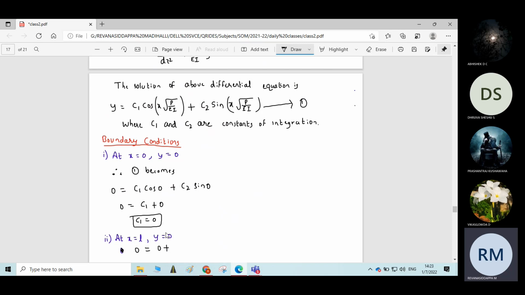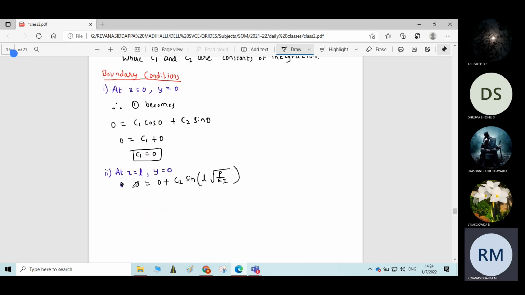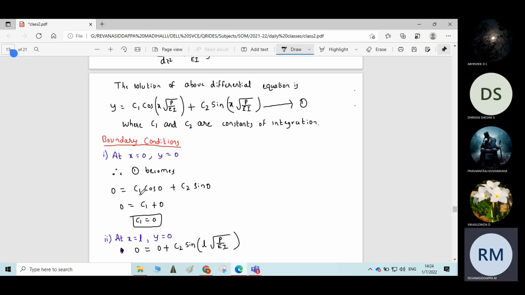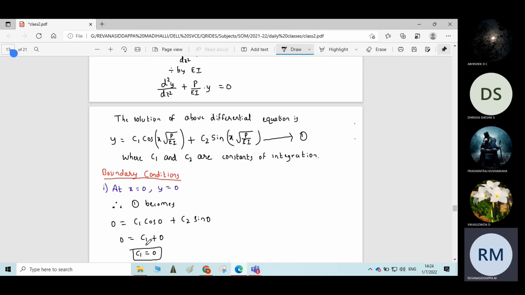So the first term becomes 0, plus C2. We don't know the value of C2. Wherever x is there, you need to substitute L. But in the first term, C1 value is 0, so even if we substitute x equal to L, this term becomes 0.